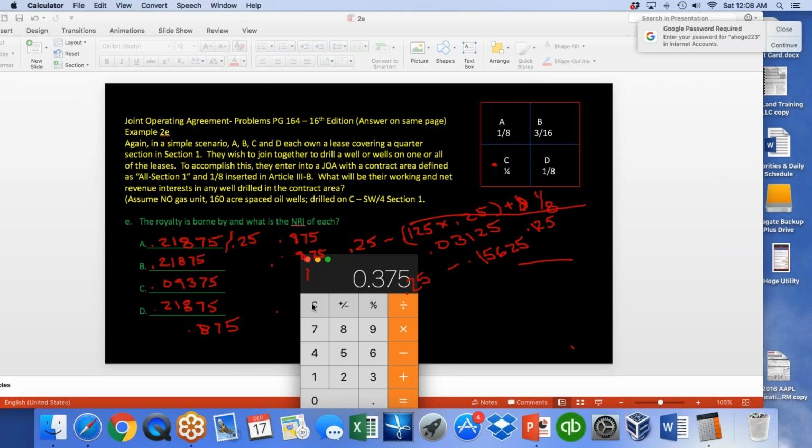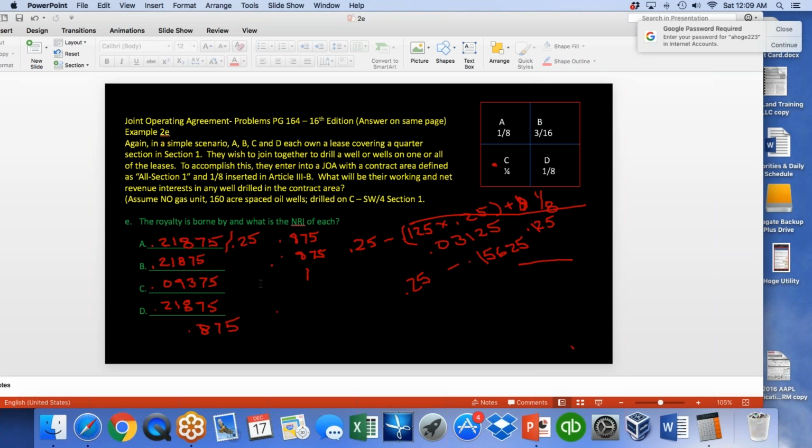He has a 37.5% interest, 0.375. So this is what he's getting. He's in deep trouble, because remember, we said we like to see it around 75, 77. These guys are doing great. This guy has a 37% interest, 0.375.